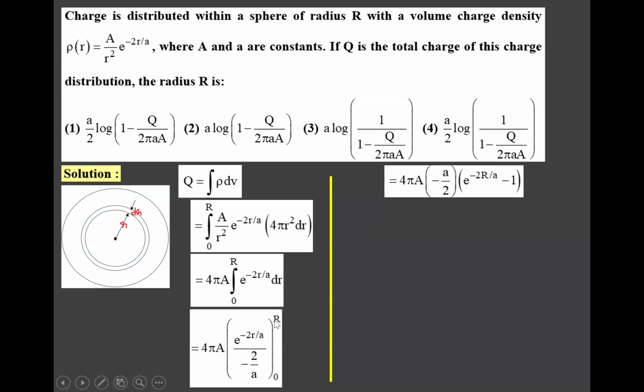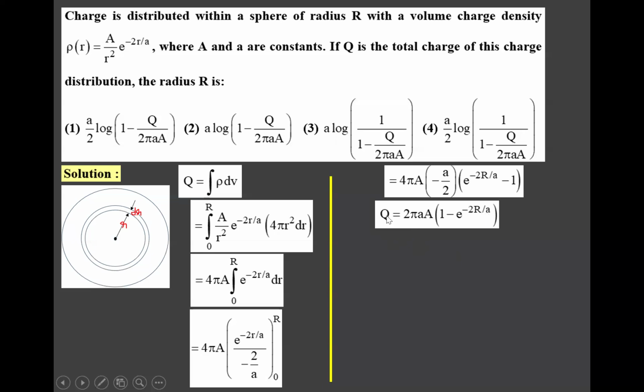So here small r is replaced by capital R, and when you substitute small r equal to 0, then e raised to 0, that is 1. So here we can write e raised to minus 2R by a minus 1. Now Q, that is equal to 2 pi A a into 1 minus e raised to minus 2R by a.